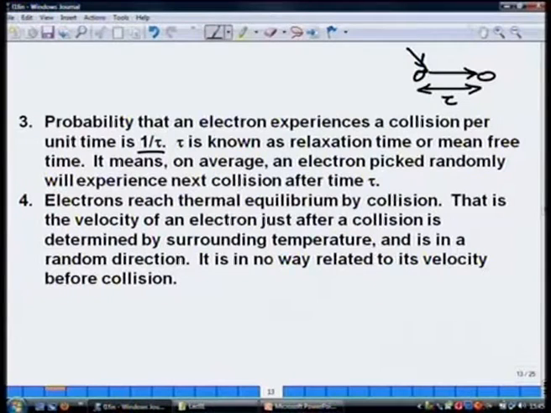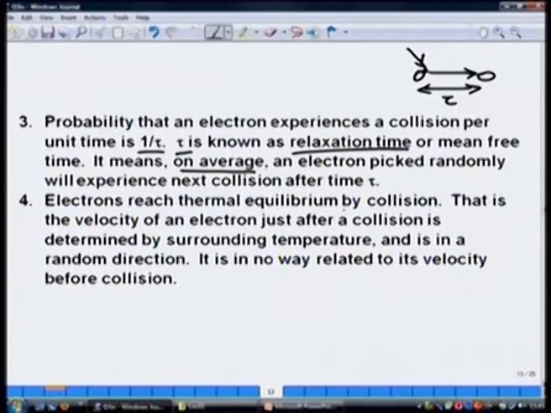That is what he is assuming here. So, this tau is known as the relaxation time or mean free time. On average, if you pick an electron randomly, it will experience its next collision after time tau. So, that is the time on average which is spent between collisions by an electron. That is the definition of relaxation time in Drude's model.